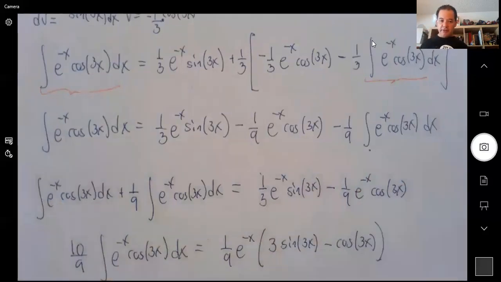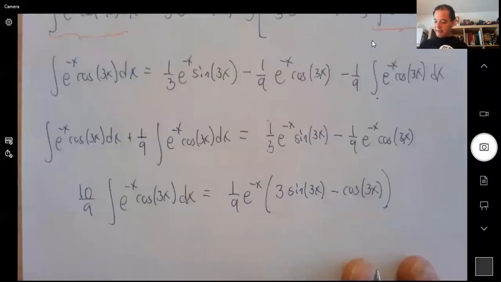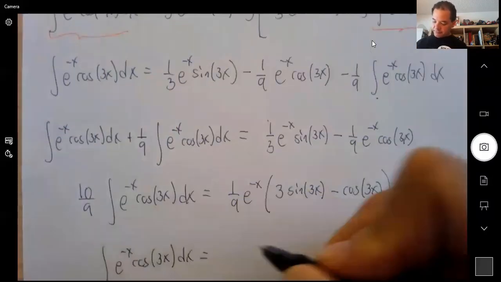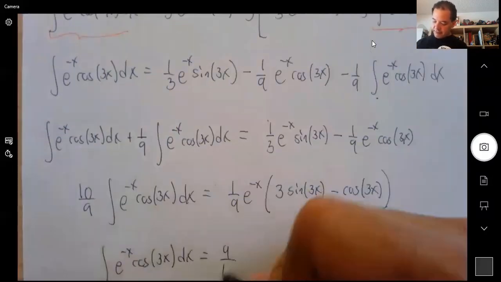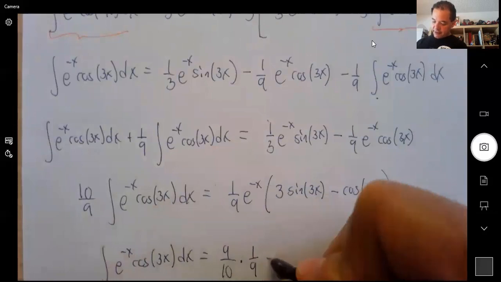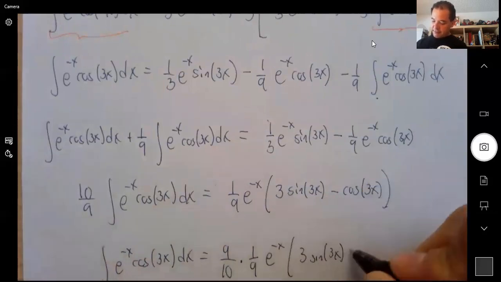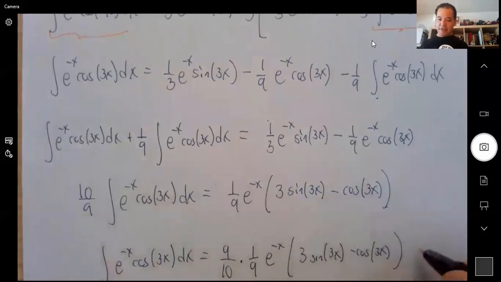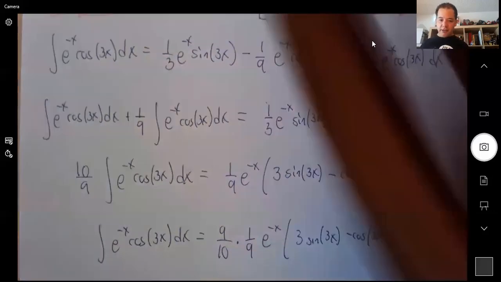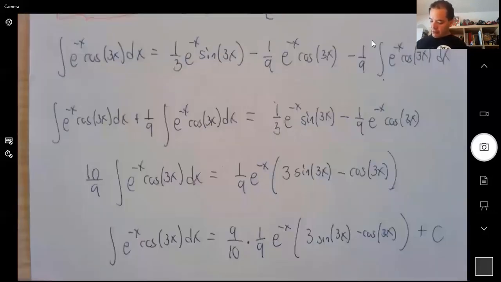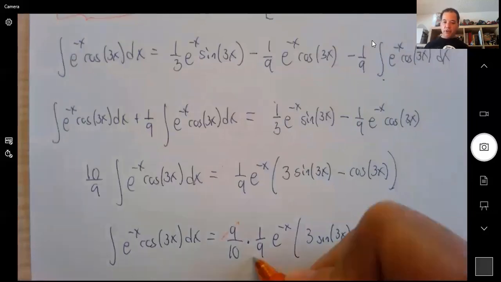And finally, you multiply by 9/10. 9/10 of 1/9 of e to the negative x of 3 sine 3x minus cosine 3x. And then we could put the c, right? That's the other important thing to note. Don't forget the plus c. I always see points taken off because people forgot the constant, right?